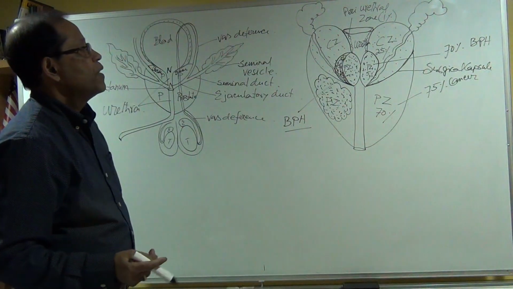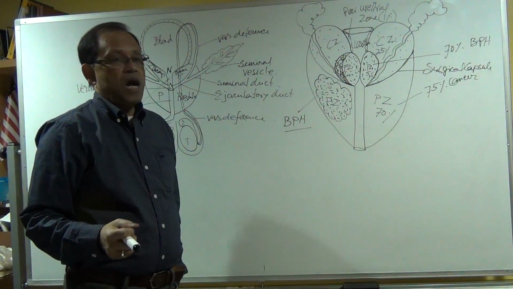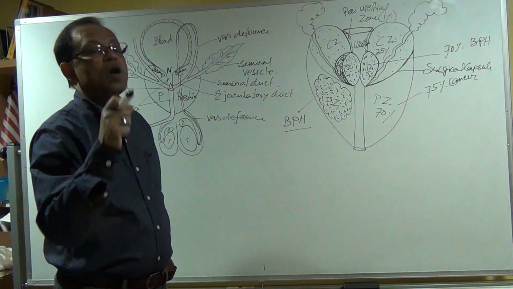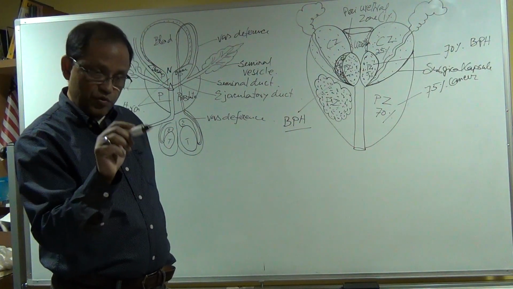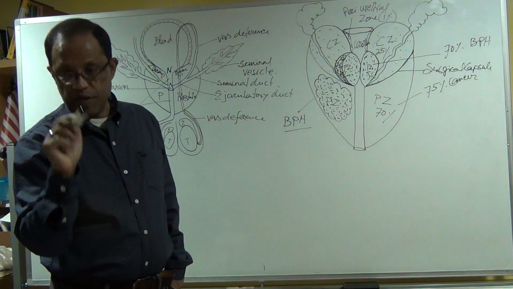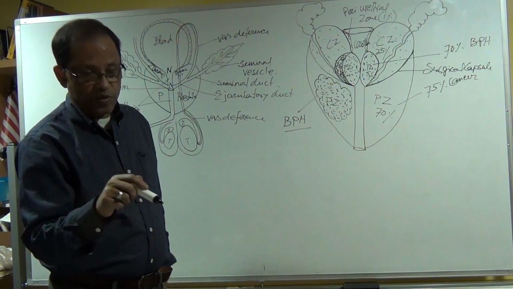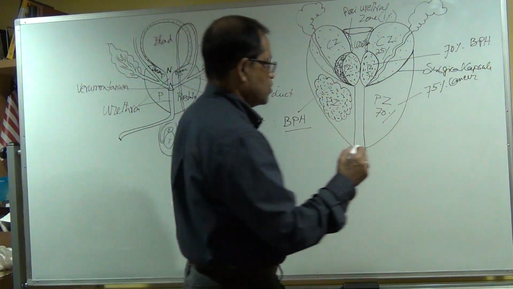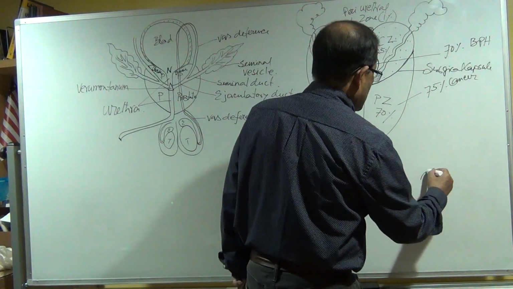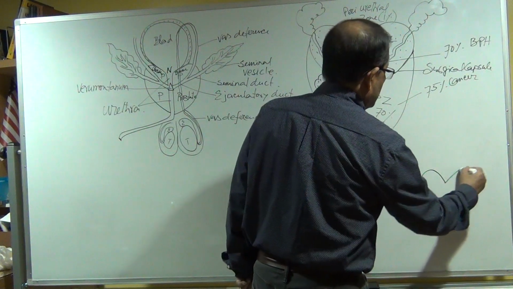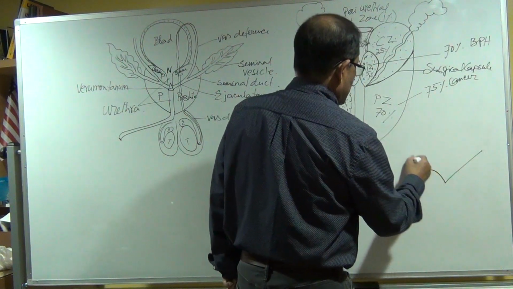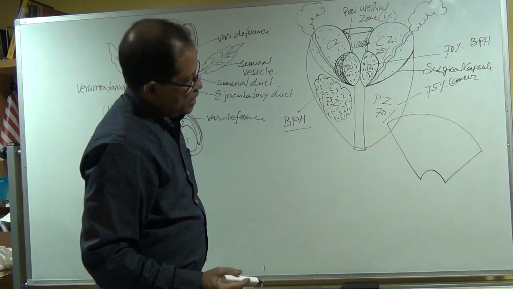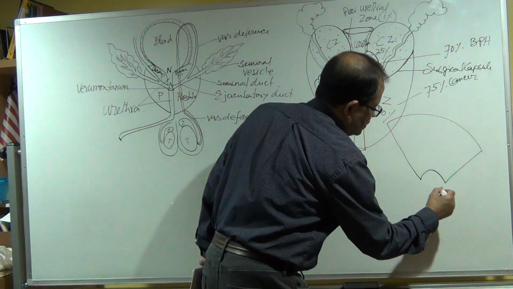That's why during the ultrasonography, transrectal ultrasonography, we need to understand which zone is peripheral zone, central zone, and transitional zone. So if I draw the diagram, sono image, transducer is here.